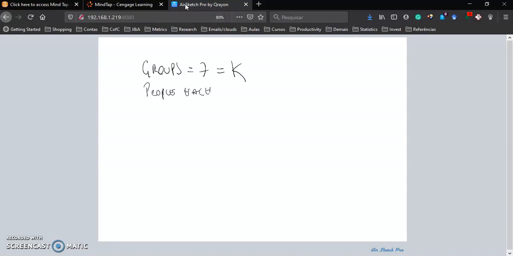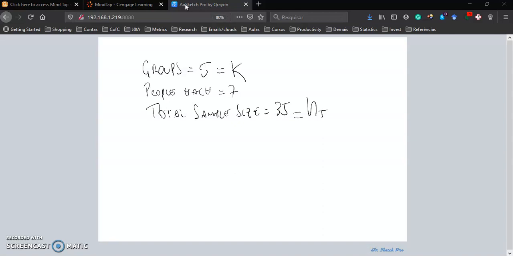Oh, I'm so sorry. That's 5 groups, not 7. People in each group is 7. So what is the total sample size? Total sample size is equal to 35. So this is my NT. You're going to need that for the degrees of freedom, okay?